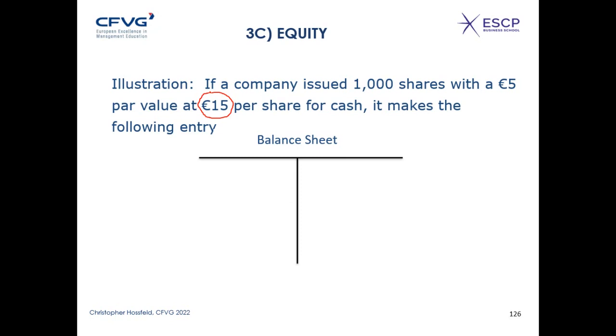Question now: how do we fix the 15? Why do I sell them at 15 and not 16 or 13 or any other value? How does the management, the CFO, together with the investment banks who advise us on this question, fix the 15?